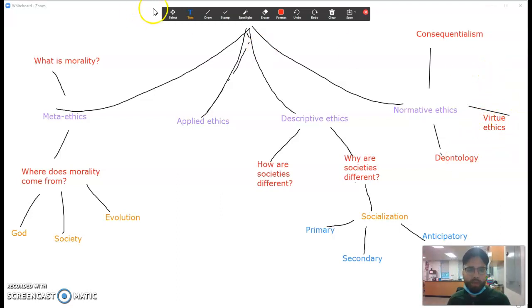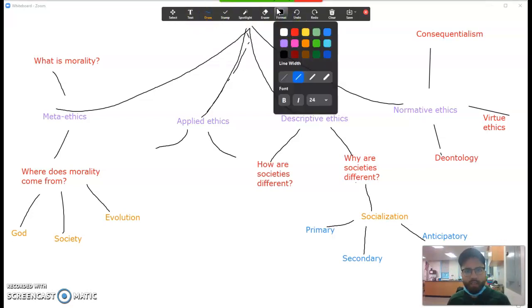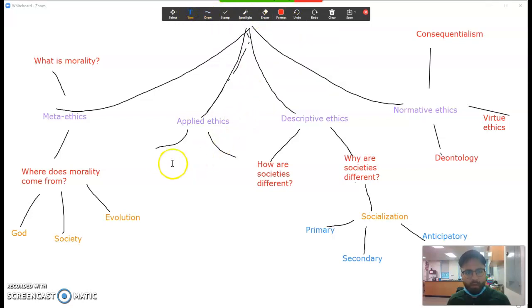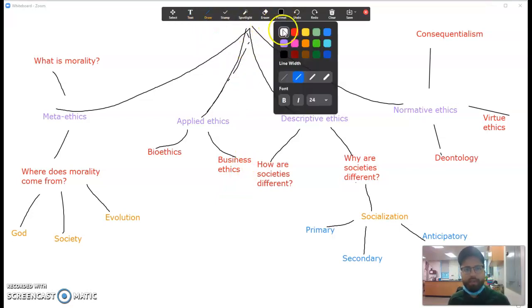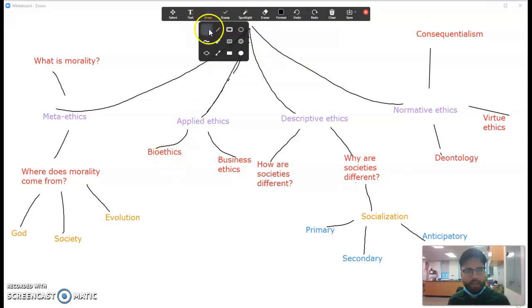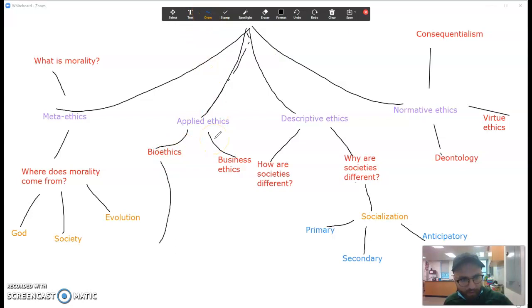And then finally, we went into applied ethics. And there's so many different branches of applied ethics. One could be, and obviously we're a bioethics class, so we talked about bioethics, but there's also business ethics as an example. There's environmental ethics. There's lots. Okay. And now within bioethics, we have gone into two different topics within bioethics.